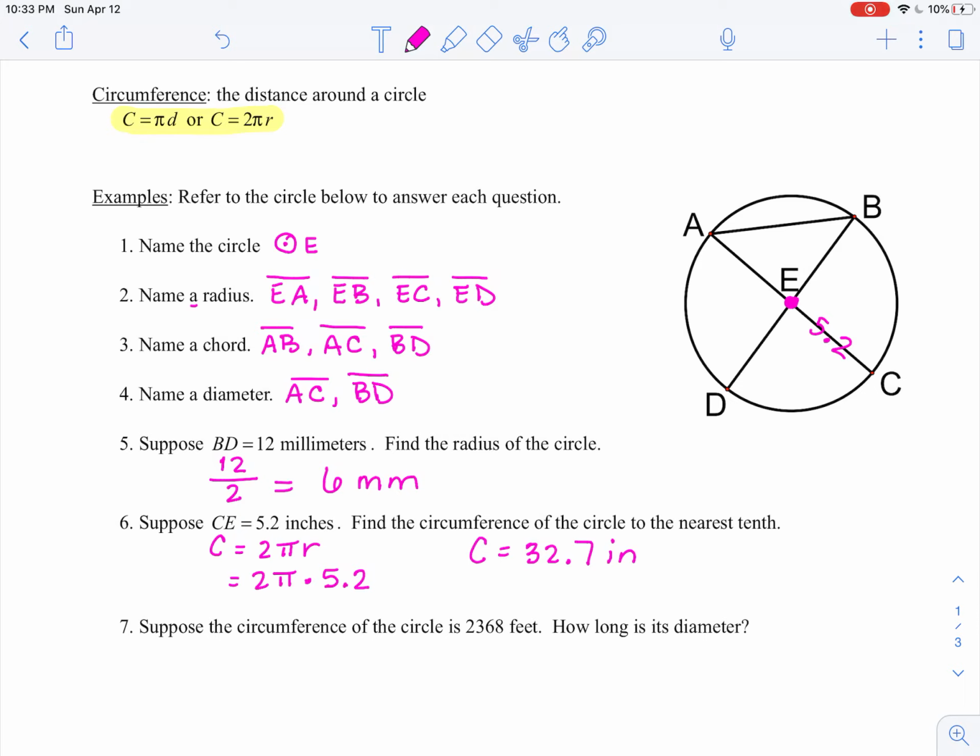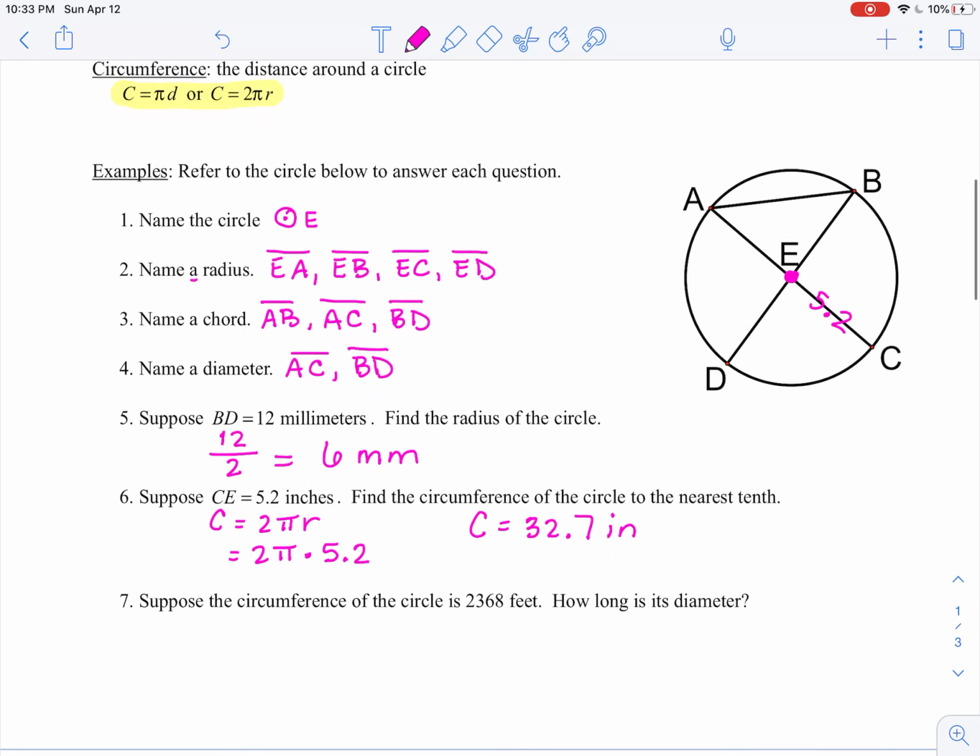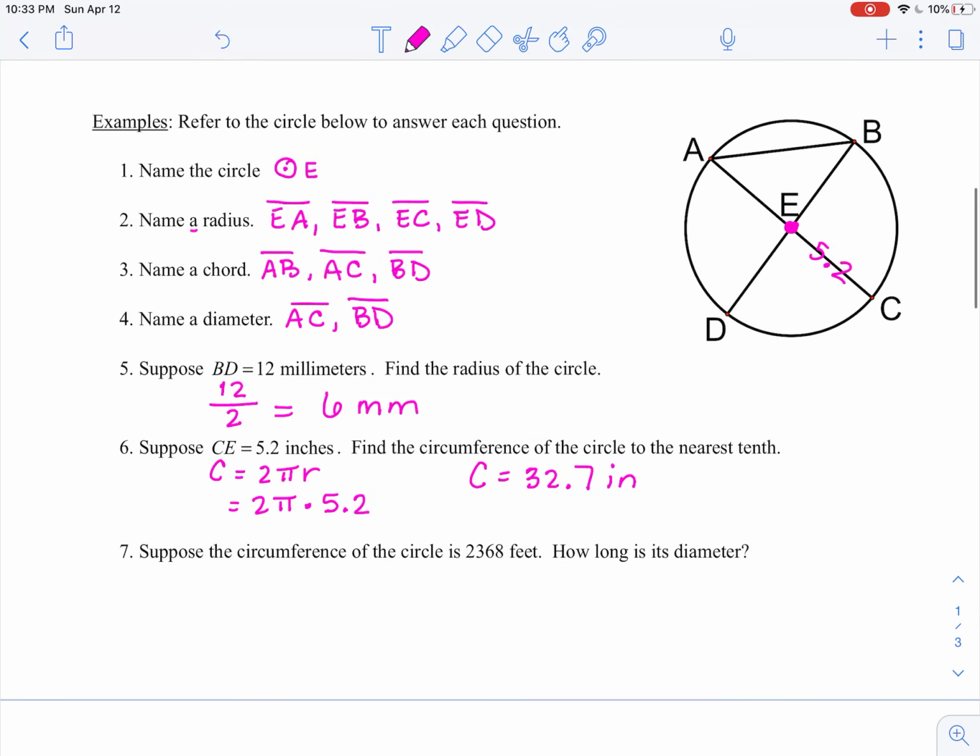In question number 7, it says, suppose that the circumference of the circle is 2,368 feet. How long is the diameter? So this time I'm going to use the circumference formula, pi times diameter. I know the circumference, so I'm going to plug that in for C. 2,368 equals pi d.